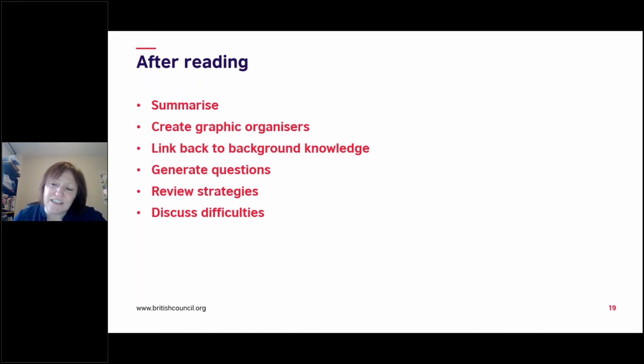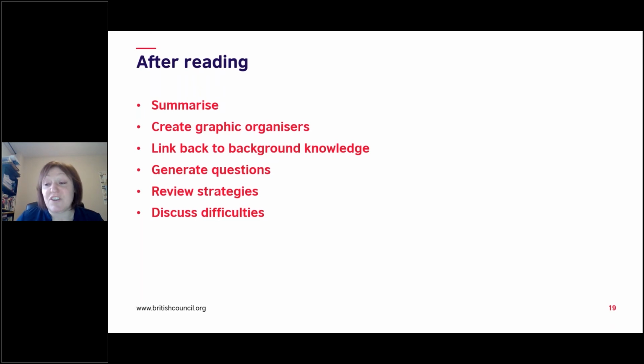And if there are questions at the end of the text, don't assume that the students will understand the purpose of those questions. You need to explicitly explain them at the beginning. For example, one of the questions is going to ask you about the general idea of the text, which means that if they're strategic, they might want to quickly read it first to get that question right, and then go back and look at it for more detail.